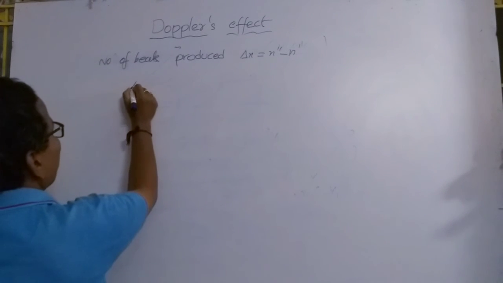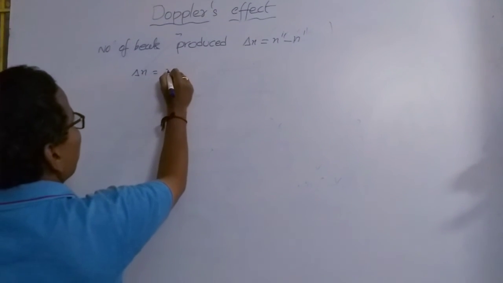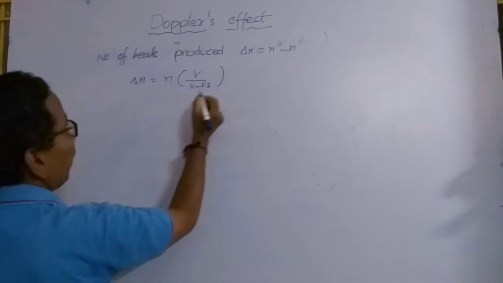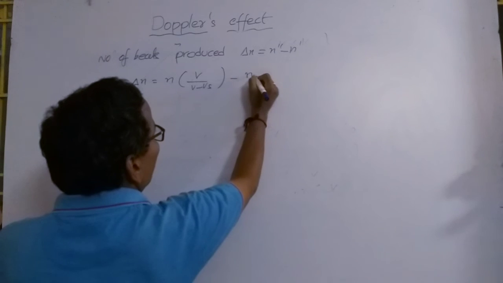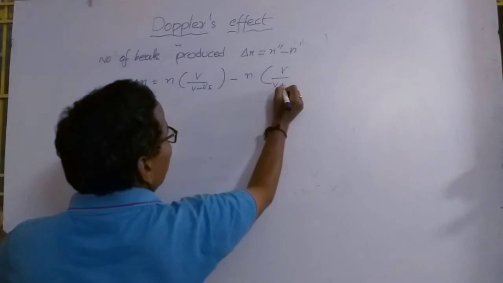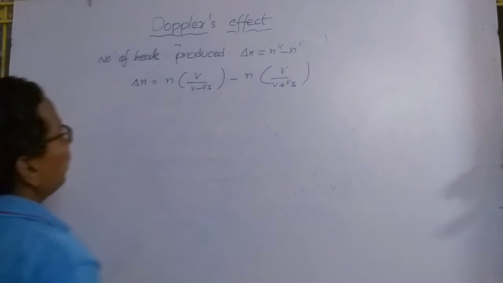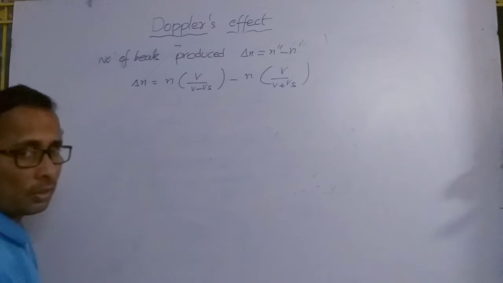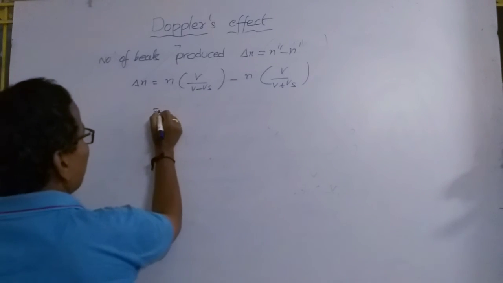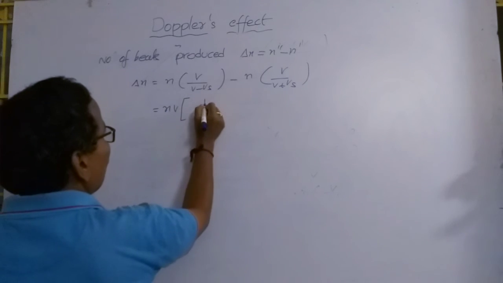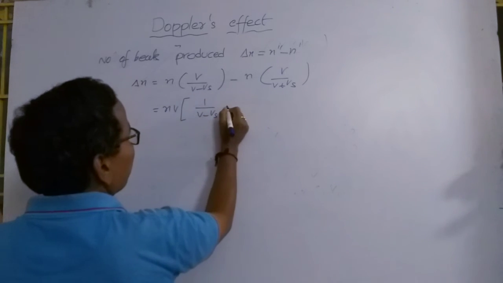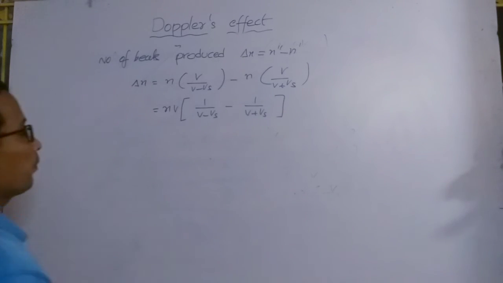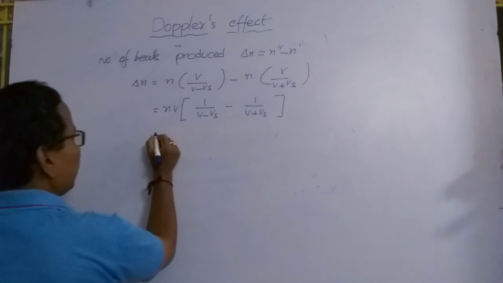So delta n is equal to n into V by V minus Vs minus n into V by V plus Vs. Then nV taken as common: nV into 1 by V minus Vs minus 1 by V plus Vs. Then take the LCM.